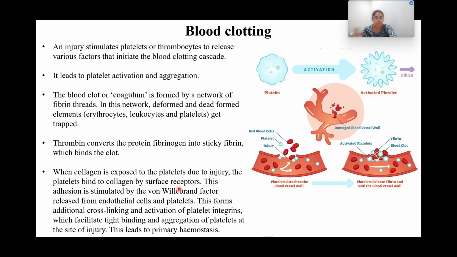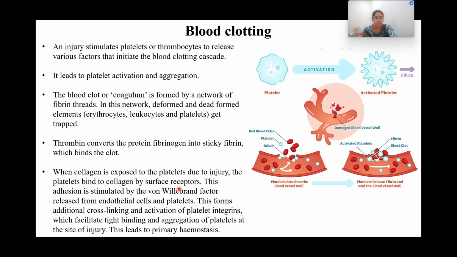Because of this, the platelets bind to the site of injury, which is mediated by cross-linking and activation of platelet integrins. Because of this tight binding and aggregation, it will lead to primary hemostasis. Then these activated platelets, already cross-linked, will lead to the further activation of fibrin, which will form the clots here. That's how blood clotting takes place.